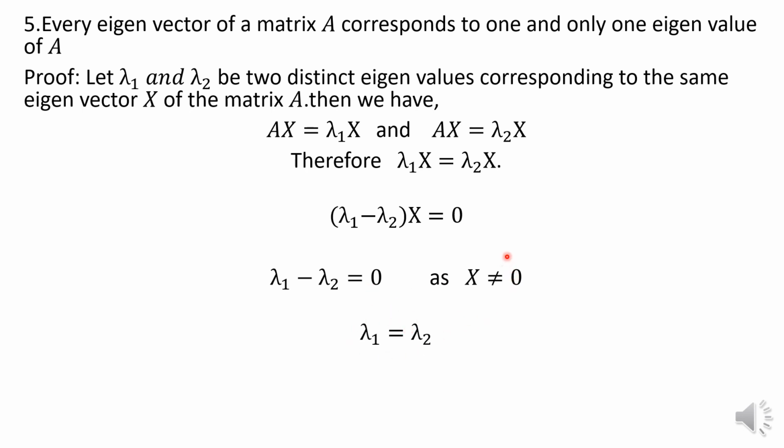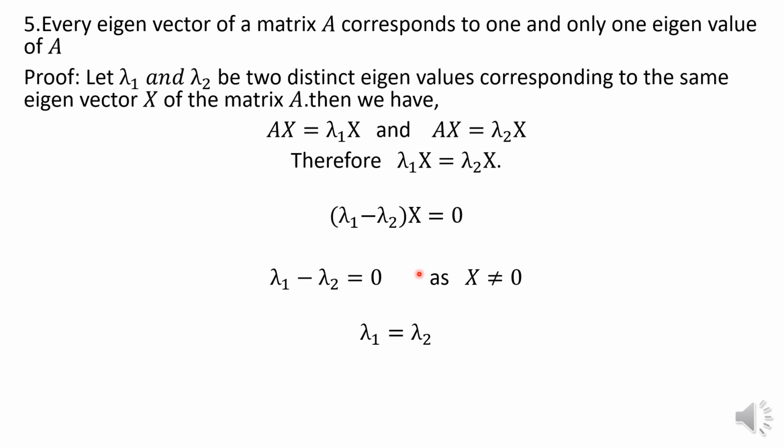Or, in other words, we can avoid these statements by simply cancelling x on both sides and saying lambda 1 is equal to lambda 2. From this one you can directly write lambda 1 is equal to lambda 2 by cancelling x on either side, because x is not equal to 0.